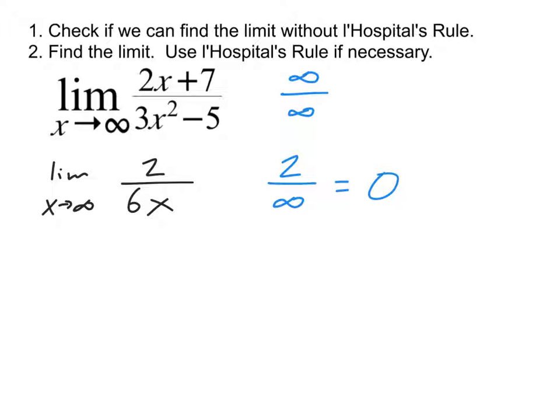We could figure out where the asymptote was based on that. This one, notice, is bottom heavy. You may recall that if it was bottom heavy, the graph had a horizontal asymptote at 0, so as x approached infinity, y approached 0. Well, we just used L'Hopital's rule to prove that and to show in a different way how we can know it.